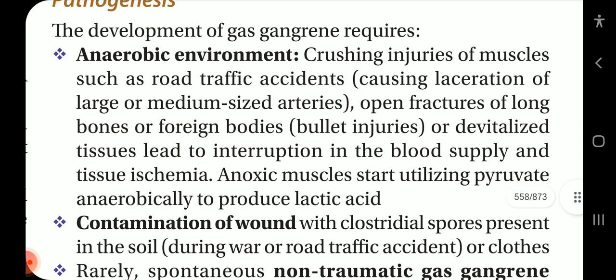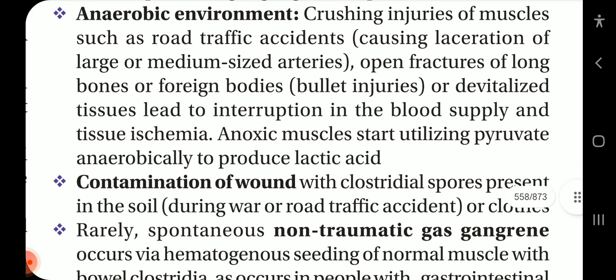Pathogenesis: the development of gas gangrene requires an anaerobic environment. Crushing injuries of muscles, such as road traffic accidents causing laceration of large or medium sized arteries, open fracture of long bones, foreign bodies, bullet injuries, or devitalized tissues, lead to interruption in the blood supply and tissue ischemia.